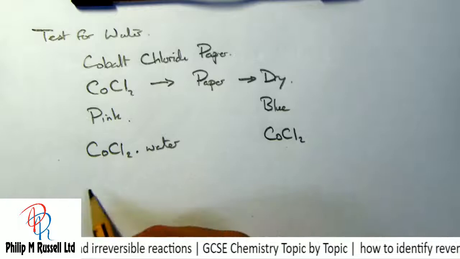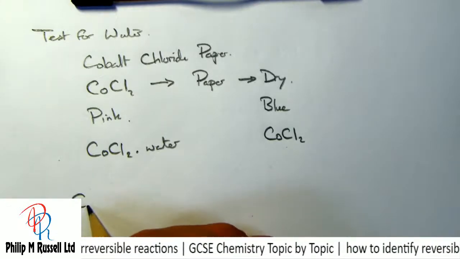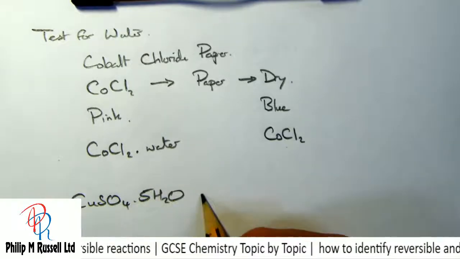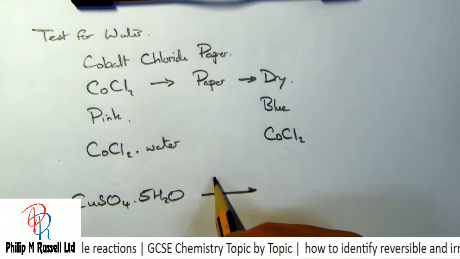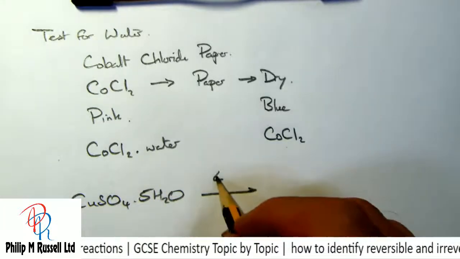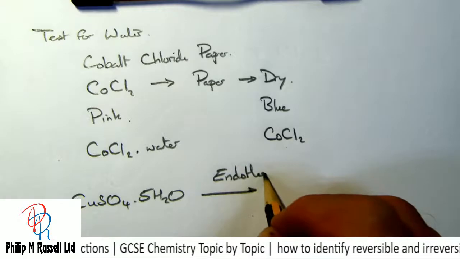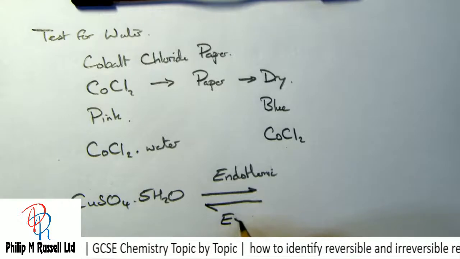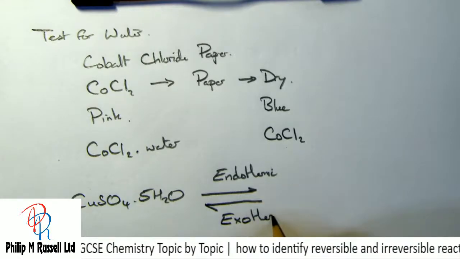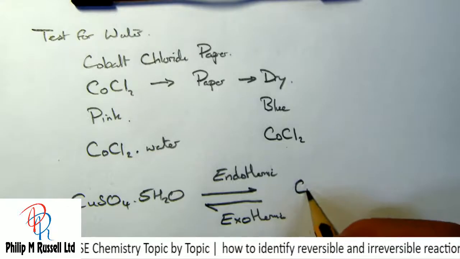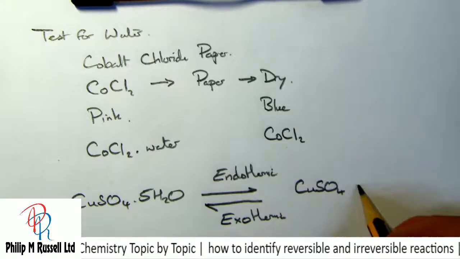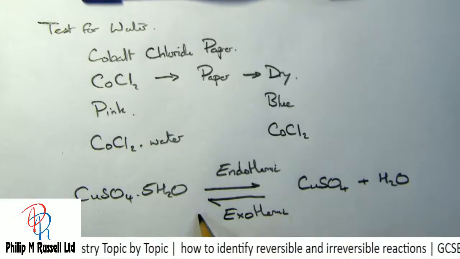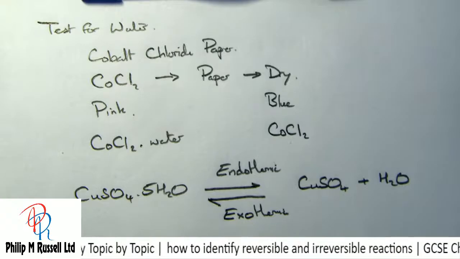When we go one way with our reaction, our copper sulfate 5H2O, we add heat, so this is endothermic, and when we come back, when we take our copper sulfate plus water, so we've got an endothermic reaction and an exothermic reaction.